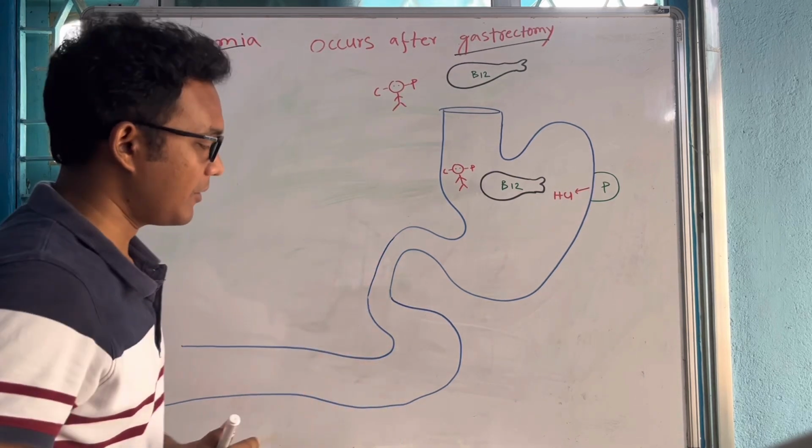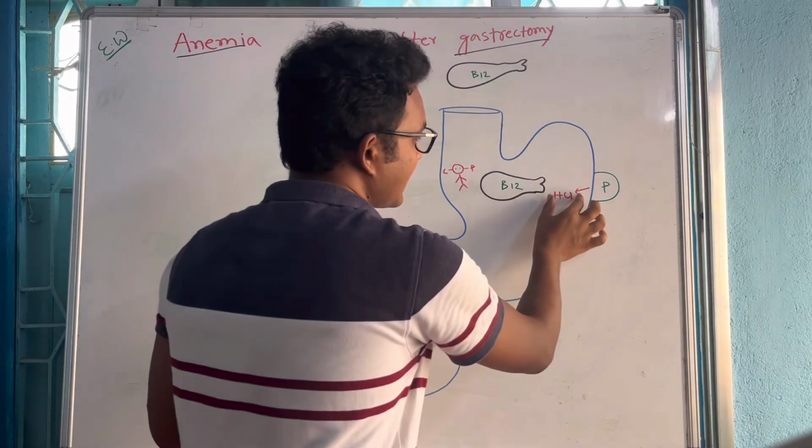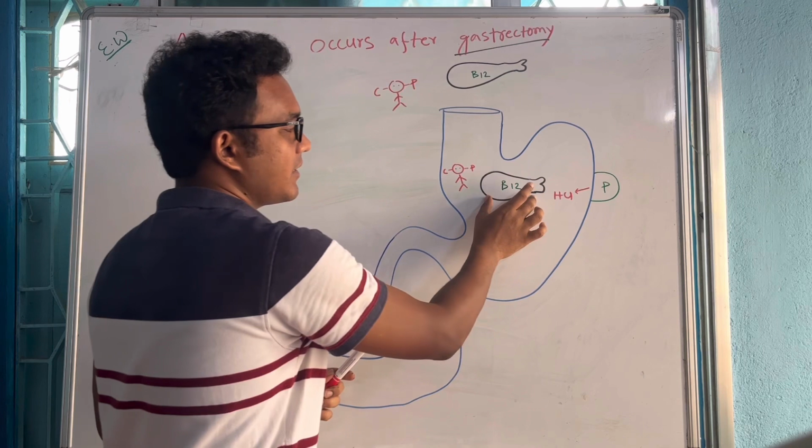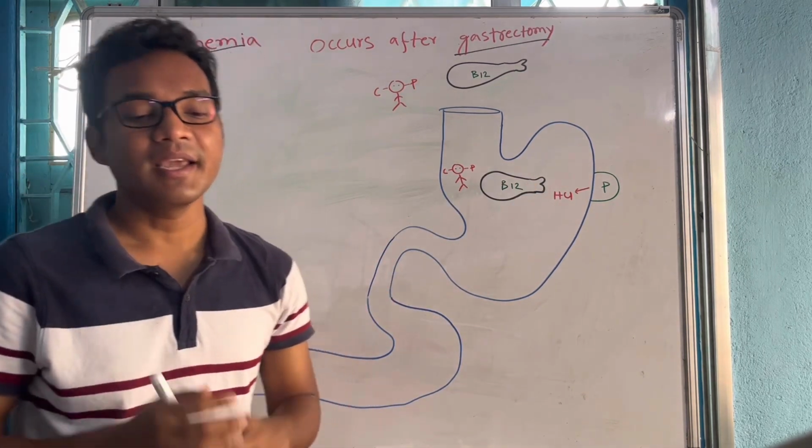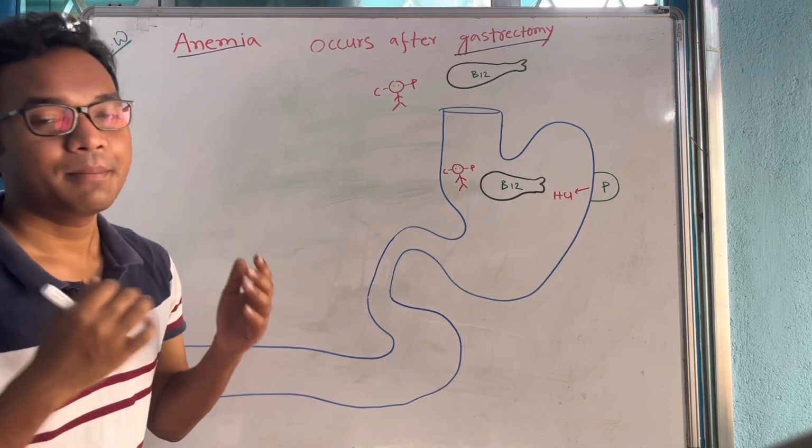Now sometimes this HCl alone cannot destroy the bodyguard, so HCl needs the help of pepsin.